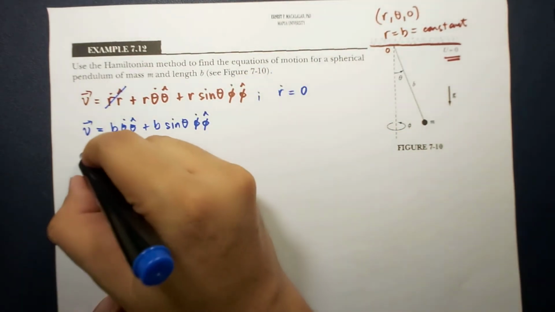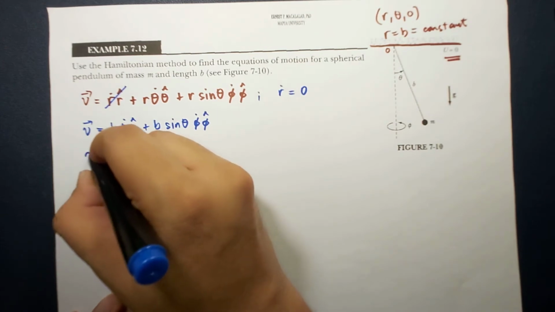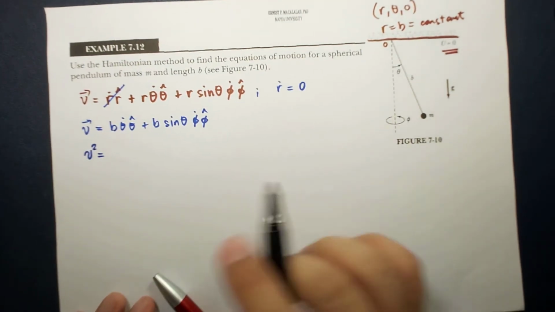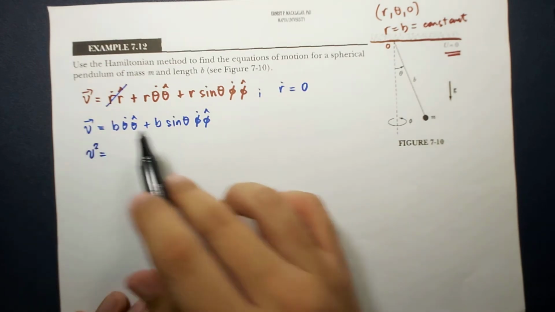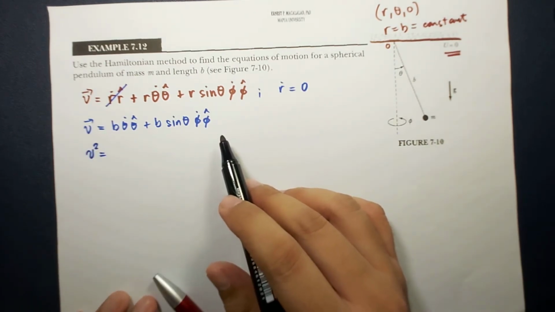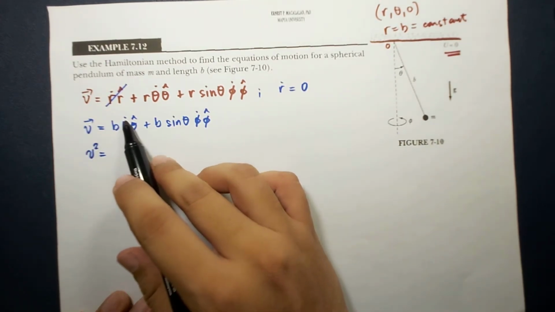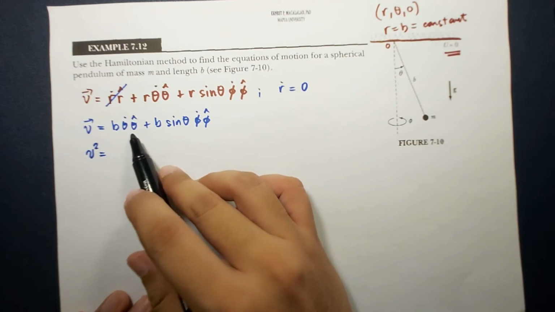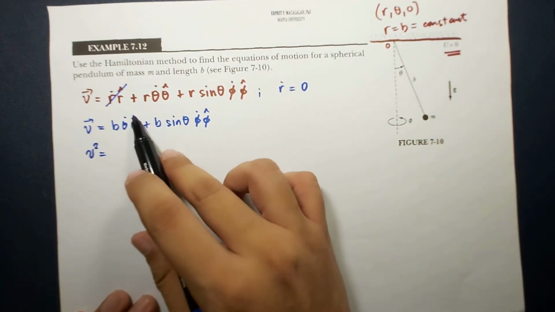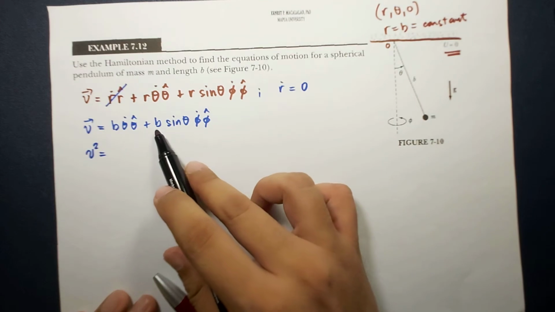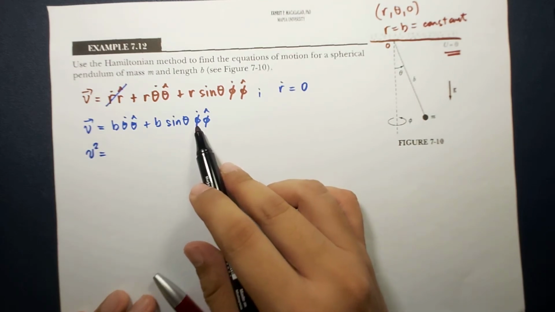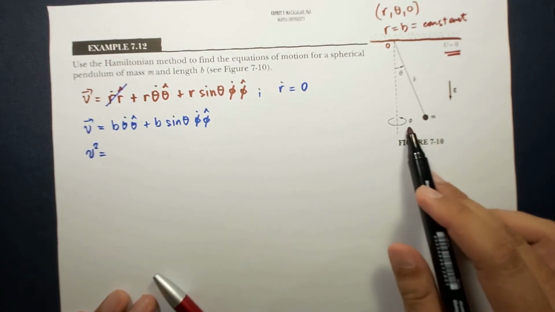Therefore, the square of the speed will just be the sum of the squares of the components of the velocity. Those components are b theta dot for the theta direction, and b sine theta phi dot for the phi direction.